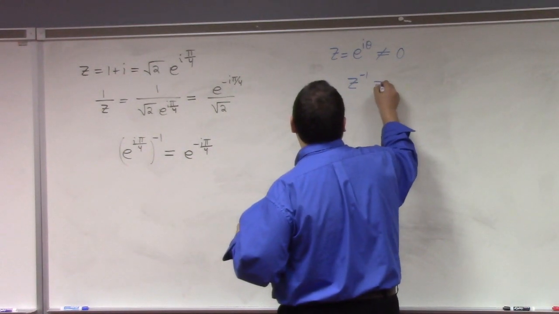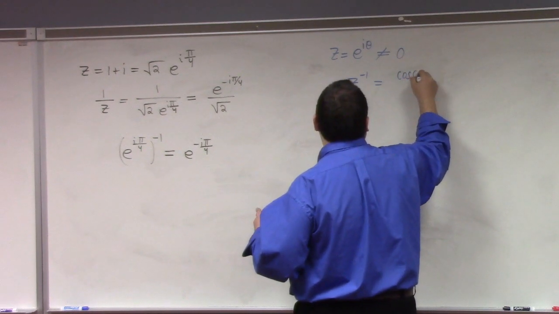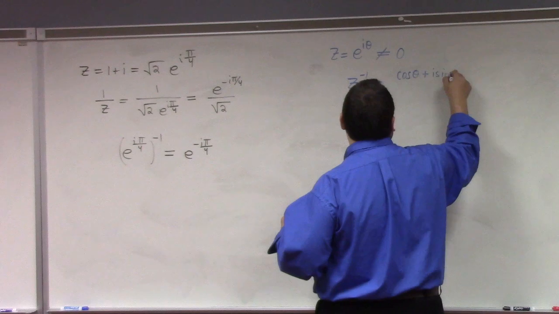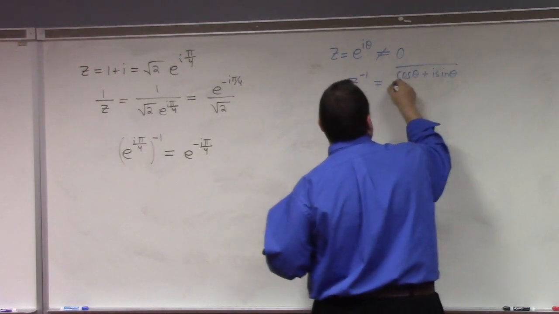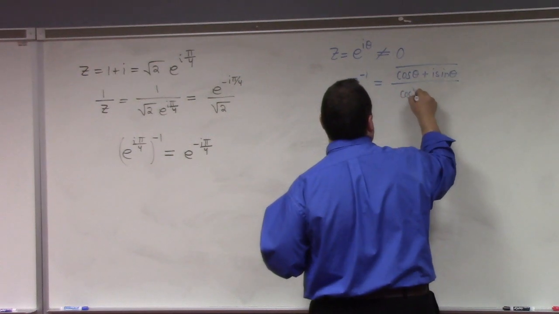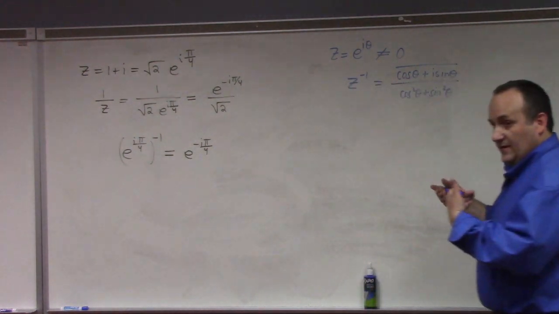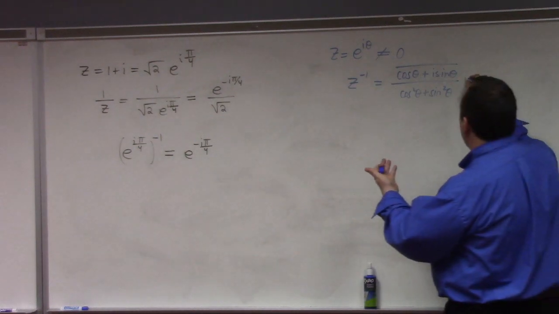I'll write it out because we don't know yet: cosine theta plus i sine theta, conjugate, divided by the length of e to the i theta, or rather the length squared. The modulus squared goes in the denominator, which is cosine squared theta plus sine squared theta, and that is 1.